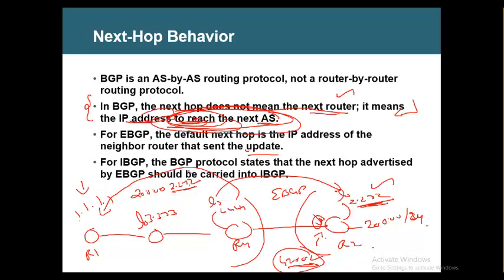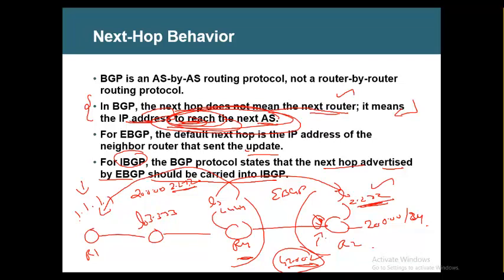Now for iBGP also it's the same address. Why? For iBGP, the BGP protocol states that the next hop advertised by eBGP should be carried into iBGP. So router 4 should not change the next hop before advertising to R1. It should carry the same next hop that is received from eBGP.